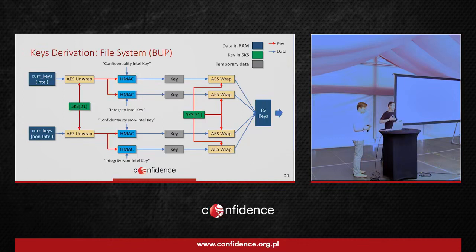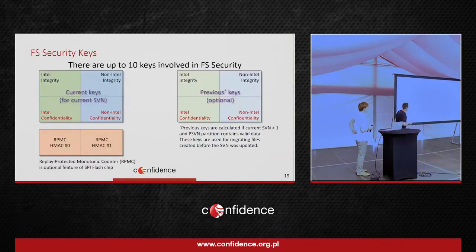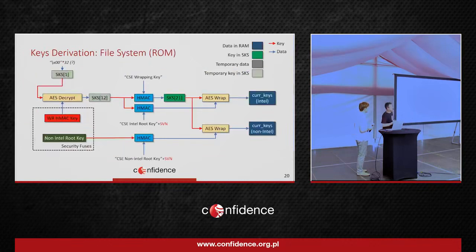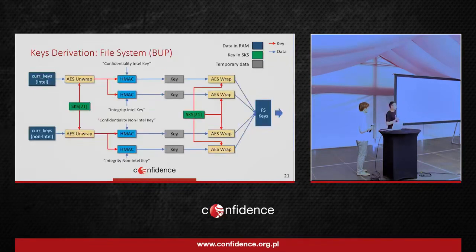It's like a service module for other modules that require file storage. You can see that these 4 keys shown on these slides are stored in memory in plain text for a very short time, just after calculation before they are wrapped. After that they are erased from memory, and you will almost never be able to find them in memory.